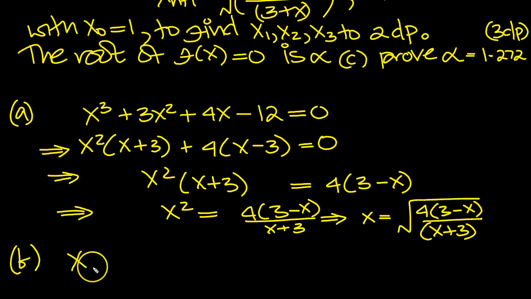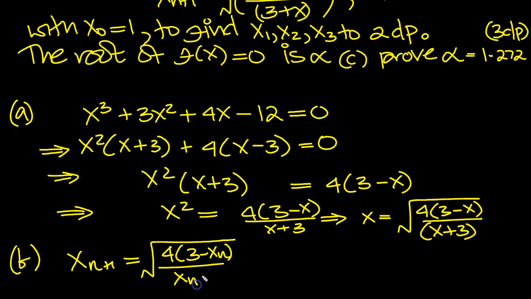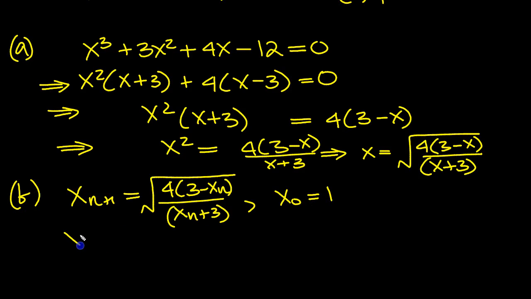So x(n+1) is equal to the square root of 4 times 3 minus xn over xn plus 3. x0 was equal to 1, so we need to work out x1, x2, x3. Let's put them here. Equals, equals, equals.